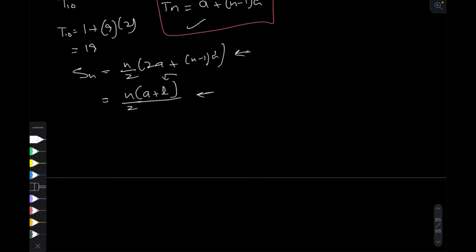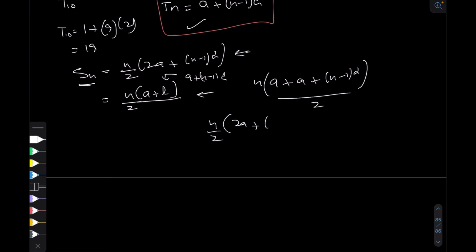Just to quickly show you, l is a plus n minus 1 d, because if you're finding the sum of n numbers, the last term will be the nth term, and we know the nth term is a plus n minus 1 d. So let's rewrite this: n times a plus n minus 1 d, all of this over 2. This is just n over 2, 2a plus n minus 1 d, so really the same formulas.